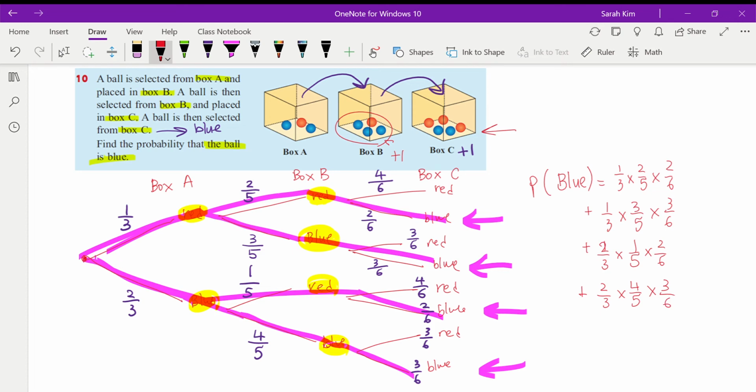In your calculator, let's see what we get. Just be careful when you're putting it in the calculator. Double check it so you don't get the wrong answer.